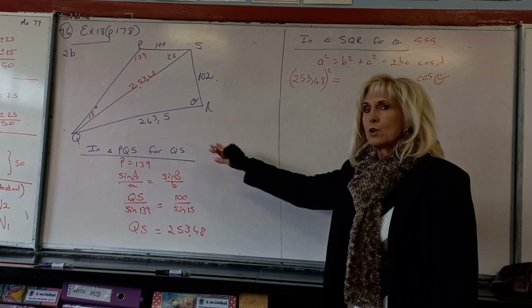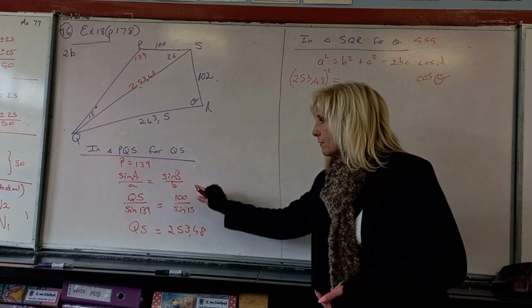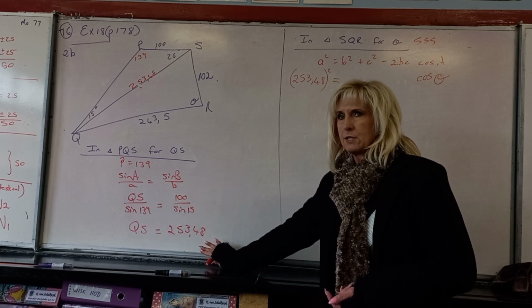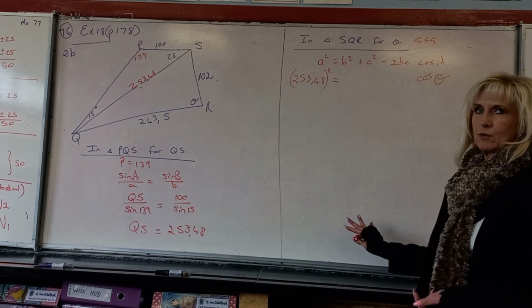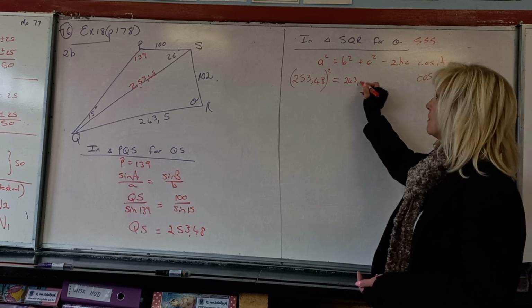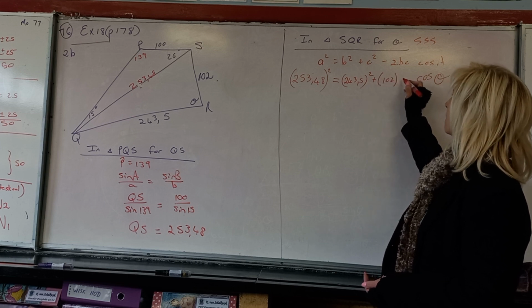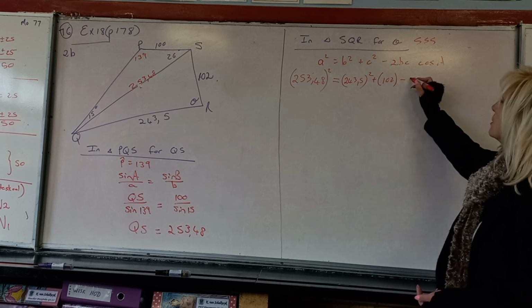You can't keep on going and going and never round off. So you round it there, but you don't round off in the middle of the sum, only at the final answer. So the other two sides that I had were 243,5 and 102.